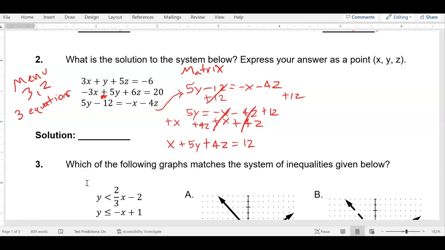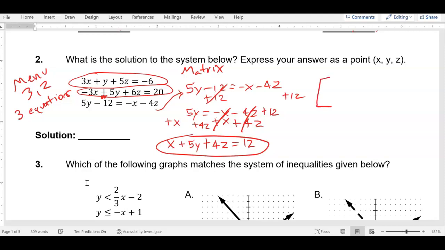Okay, so when I'm thinking of my equations, I'm thinking of this one, and now this one. Those are my three equations. Now I want to type these out as a matrix. So let's underline these coefficients. I got 3, 1, 5. I got -3, 5, and 6.